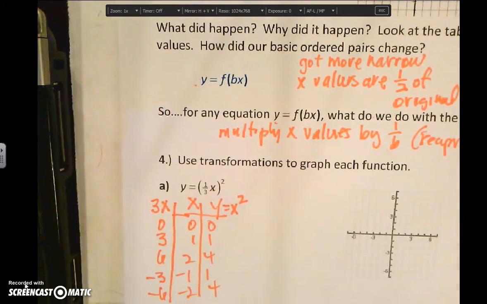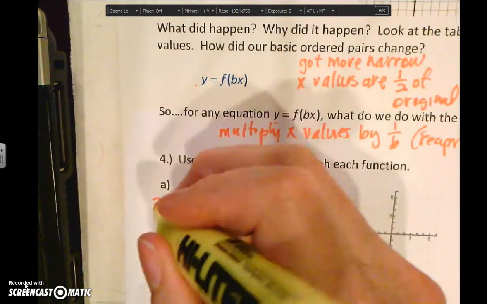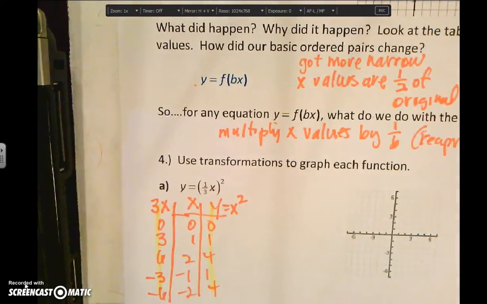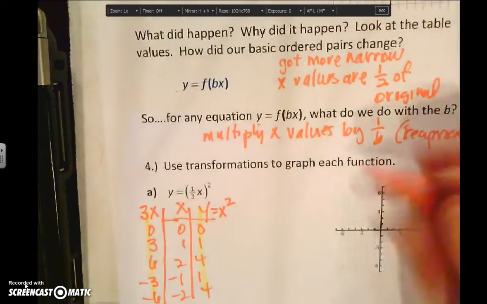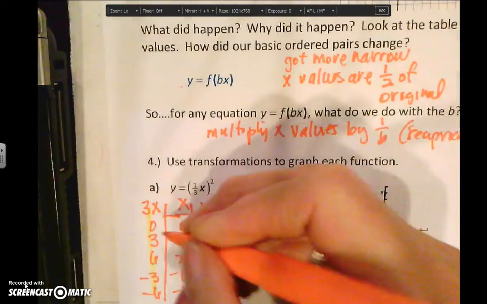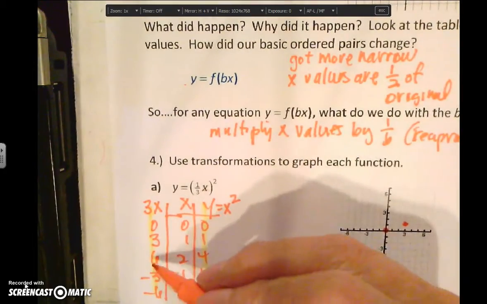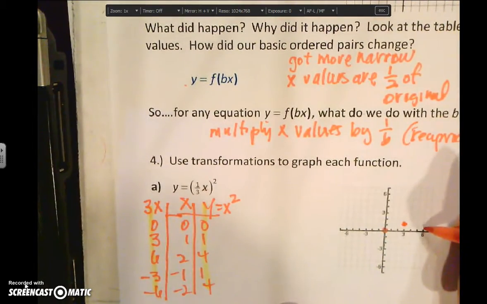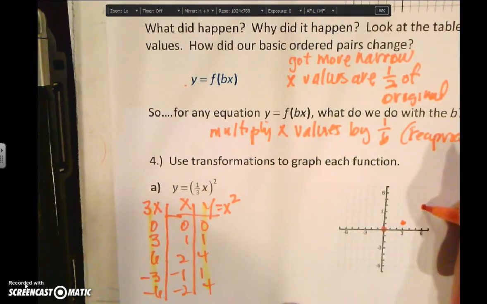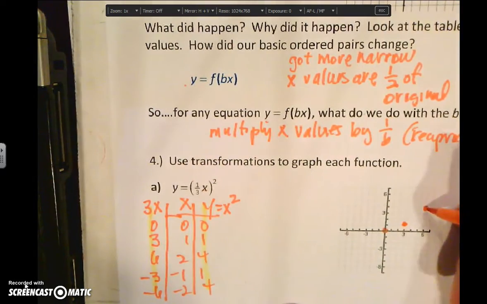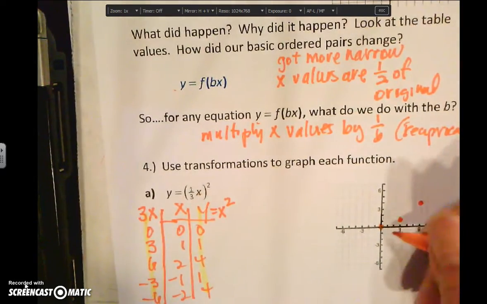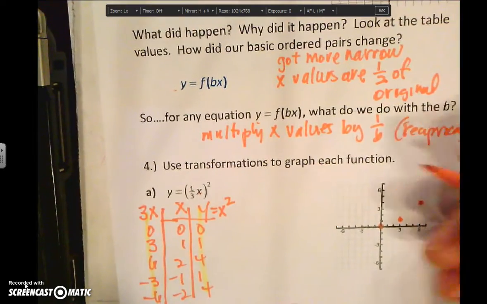So when I graph it, I'm going to have 0, 0. I have 3, 1, so over 3 up 1. 6, 4, so over 6 up 1, 2, 3, 4. You can see how the y values are staying the same, and we're taking 3 times the x values.